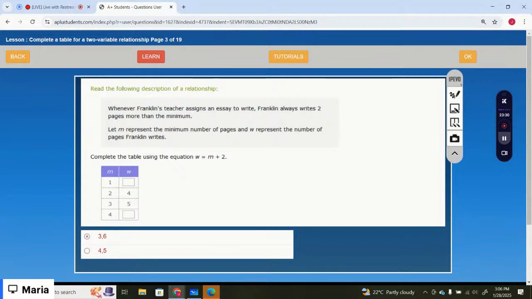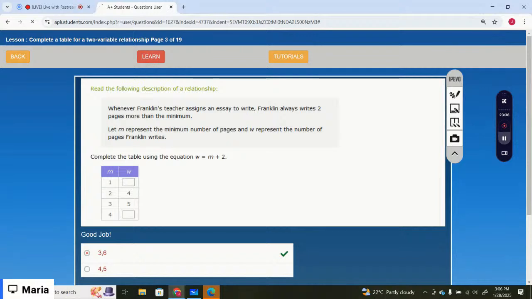M equals 4, so 4 plus 2 is 6. So 3 and 6. Option number 1 is the correct option.